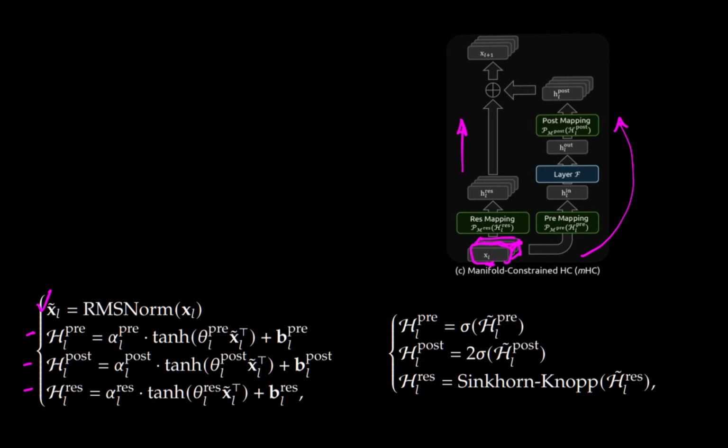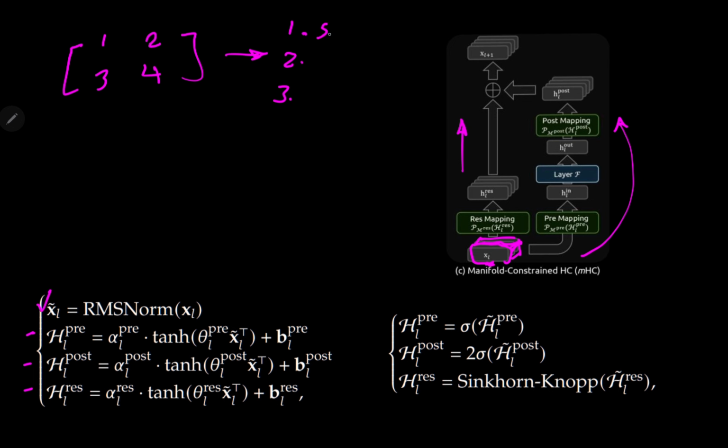But what is the Sinkhorn-Knopp algorithm? If I pronounce their name right, the idea is that if we have matrices like this, we want to transform them into a doubly stochastic matrix, which means that we want three rules.